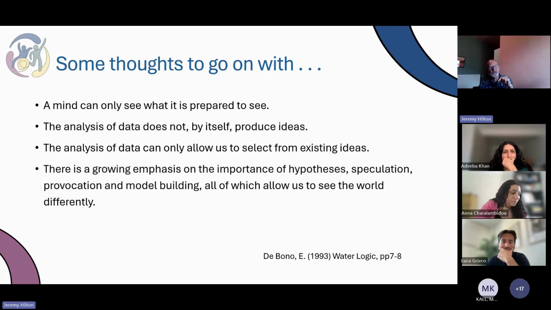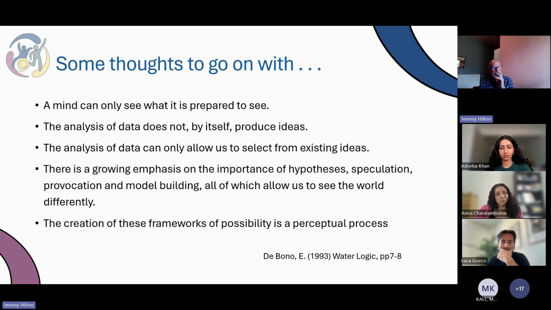So there's an important emphasis on hypotheses, speculation, and what ifs. What about? Could it be? What other data would we need to find to help us think about that and enable us to see the world differently? And that's the importance of this framework of possibility. It's a perceptual process. And that's the importance of communication and dialogue and sharing thoughts all the time.